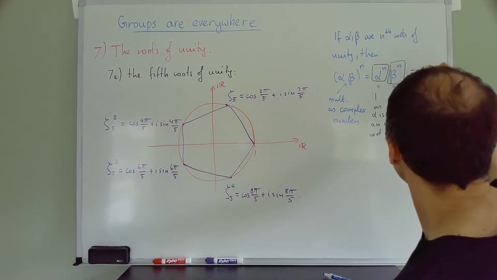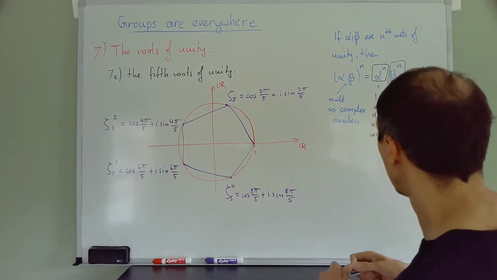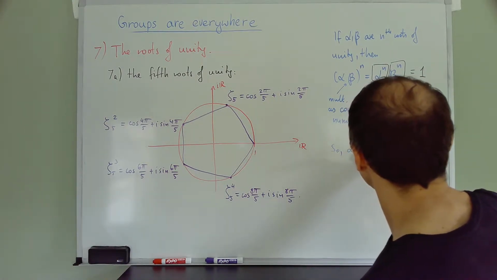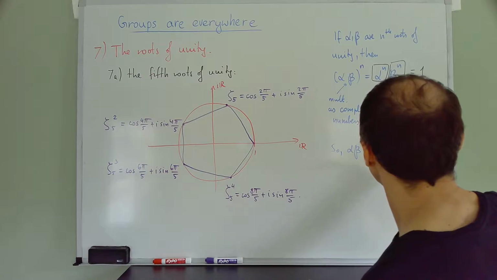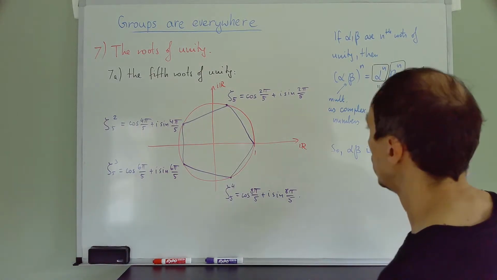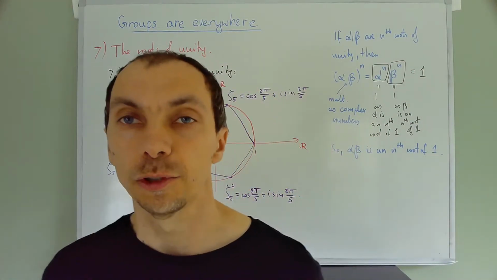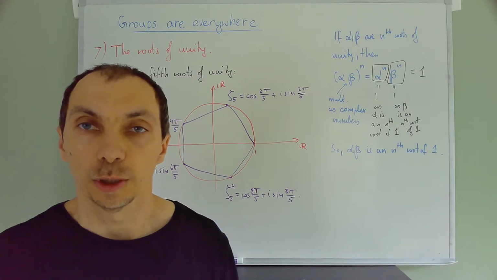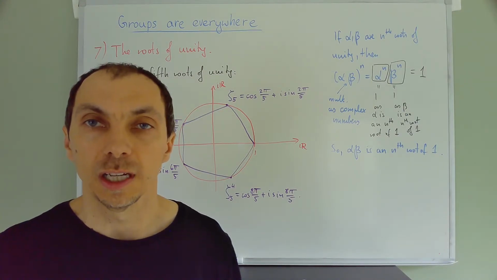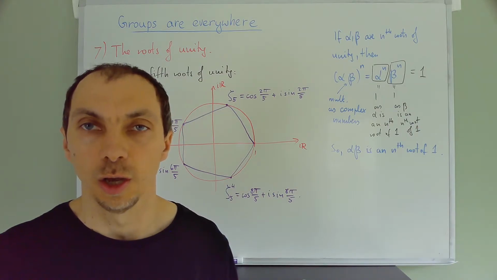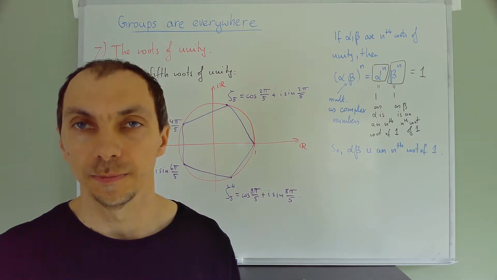So this whole thing is 1. So as a conclusion, I say that alpha beta is an nth root of unity. So if I multiply two fifth roots of unity in particular, I get a fifth root of unity. In other words, multiplication of complex numbers gives me a binary operation on the set of fifth roots of unity, or in general of nth roots of unity.